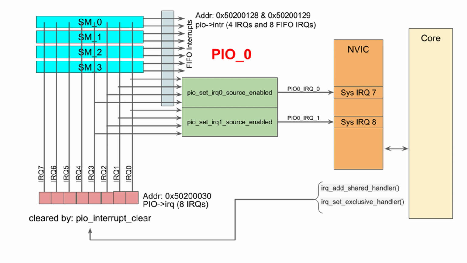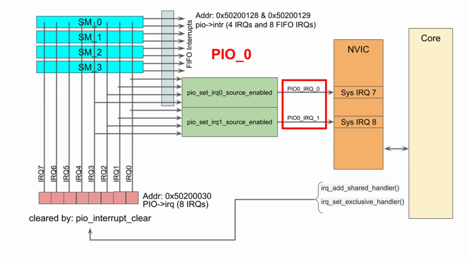There's another register where the lower 4 state machine hardware interrupt request flags are stored along with 8 FIFO interrupts, the INTR register. This register is located at 502.00128 hex for PIO 0. The contents of this register are mapped to one of the 2 NVIC ARM interrupts for PIO 0.